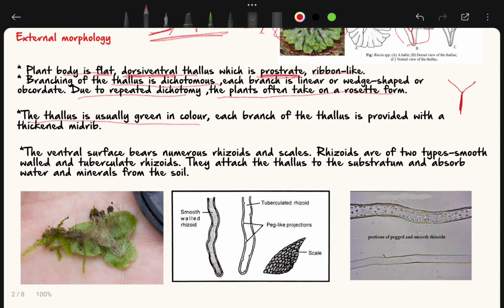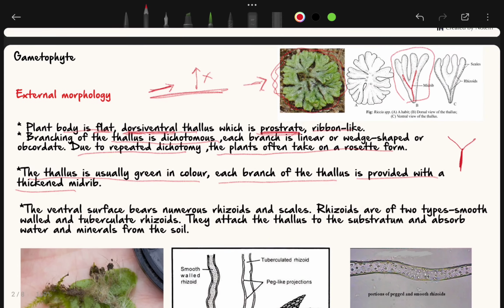The thallus is usually green in color. This is due to the presence of green pigments like chloroplasts, and each branch of the thallus is provided with a thickened midrib. So on the dorsal surface you'll find the midrib present in the middle, and you'll also find the presence of a dorsal groove in the middle.